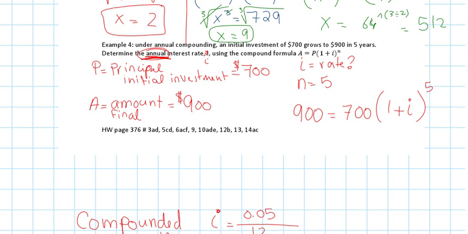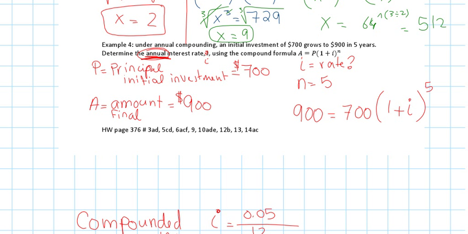What do I have to do? Isolate for I. So what's the first thing I have to do to isolate for I? Remember, we're isolating, using the algebraic model. Divided by 700, right? Because there is a multiplication there.